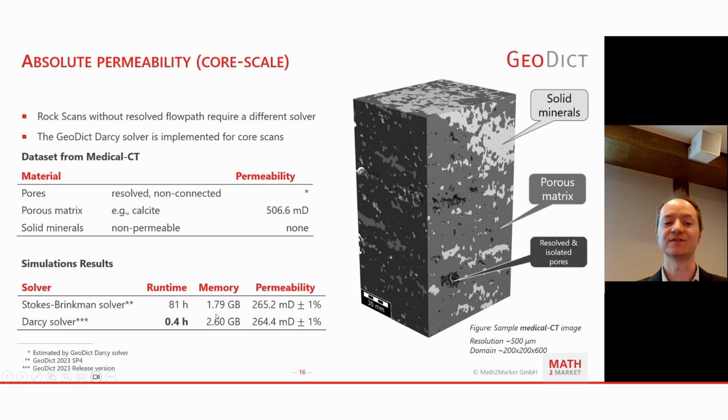And therefore, we have the Darcy solver, which computes the permeability accurately and reproducibly again in a runtime of just a matter of minutes for this rock. Whereas the Stokes solver, which of course can also do it, it's a Stokes-Brinkman solver, so the Brinkman can handle this matrix, but it's quite unfortunate for the solver, so it takes a little longer. So you can bring down the runtime by a factor 200 by using the Darcy solver. That's the message here.